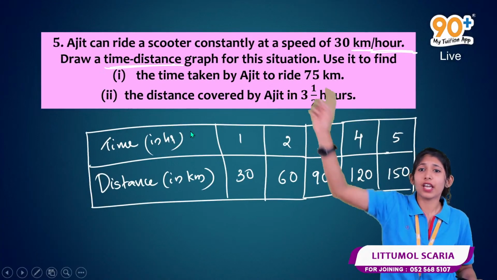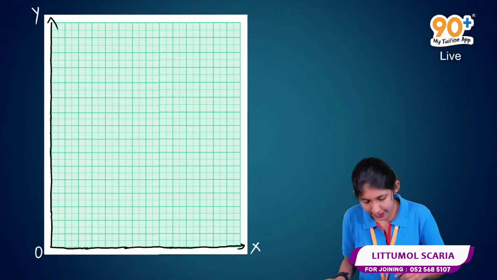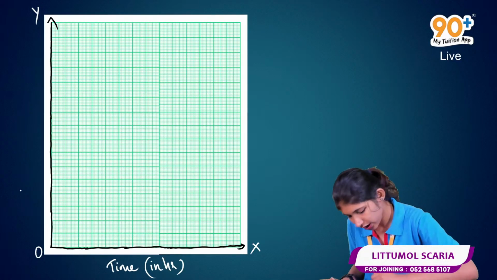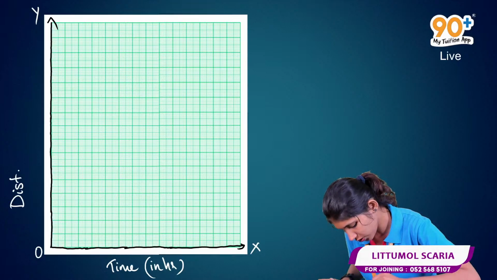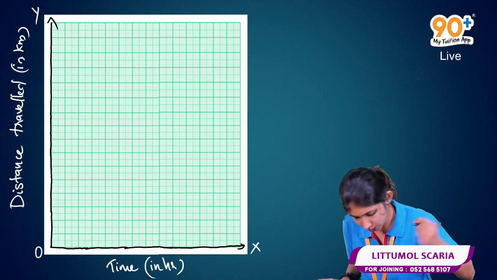Now we are going to mark 1, 2, 3, 4, 5 in your x-axis. So it is your time in hour. Don't forget to write the unit. Here the distance or the distance traveled, whatever you write, it's correct. Distance traveled or distance covered in kilometer. Don't forget to write the unit.